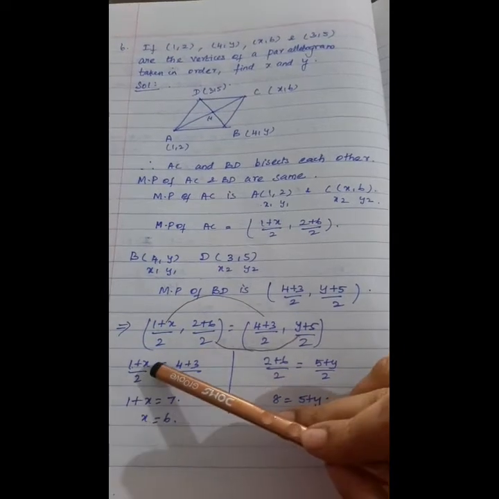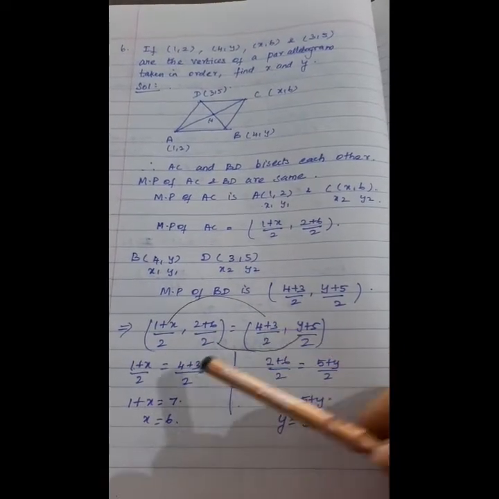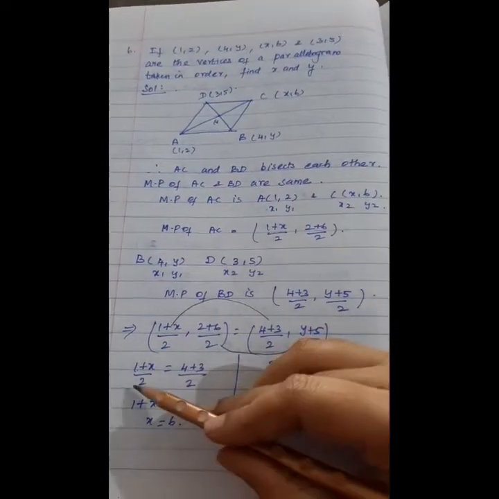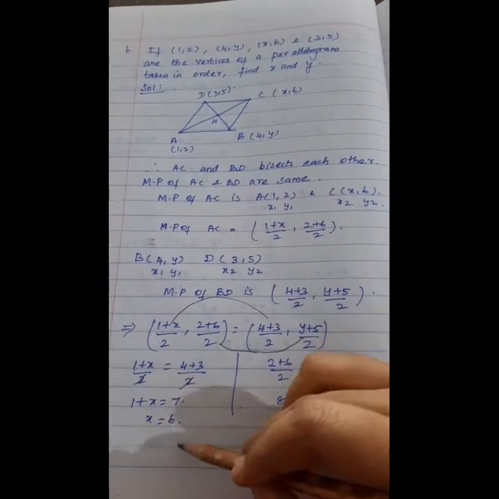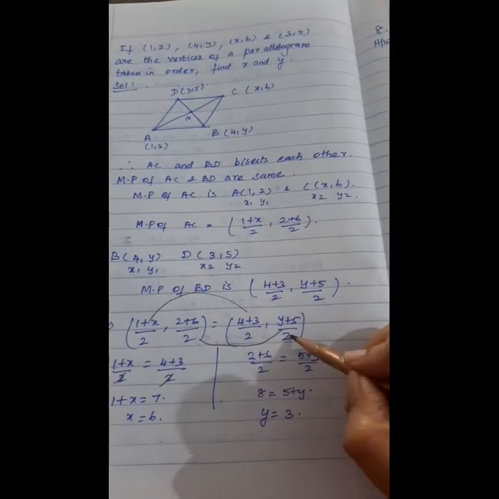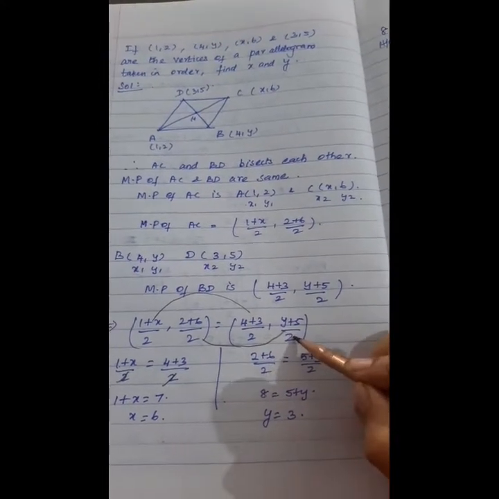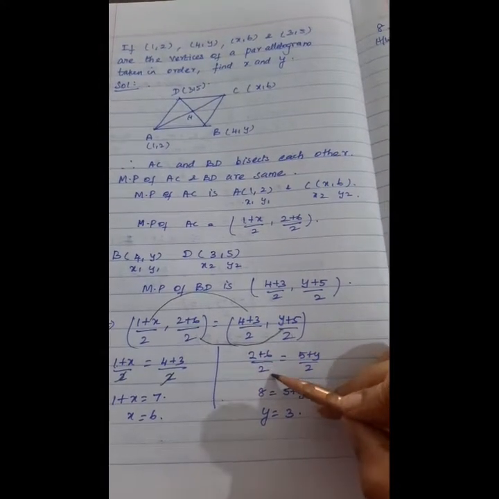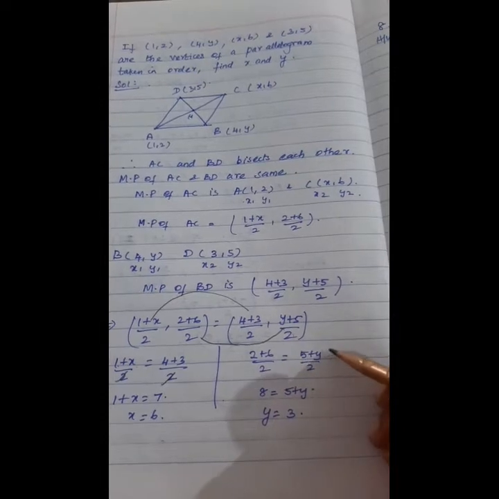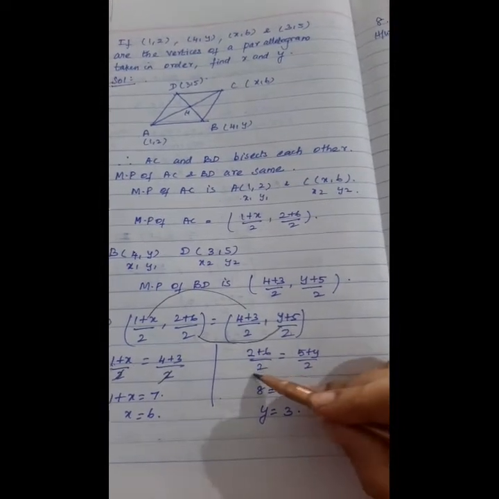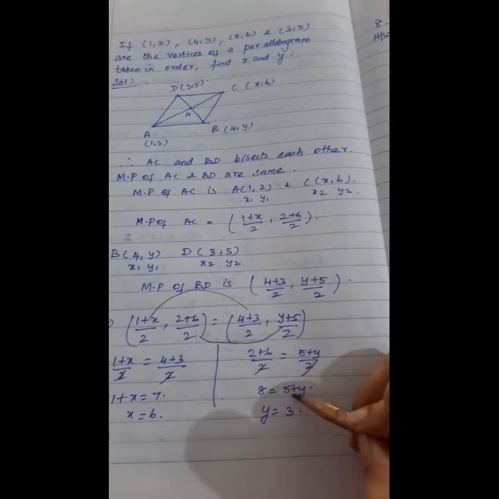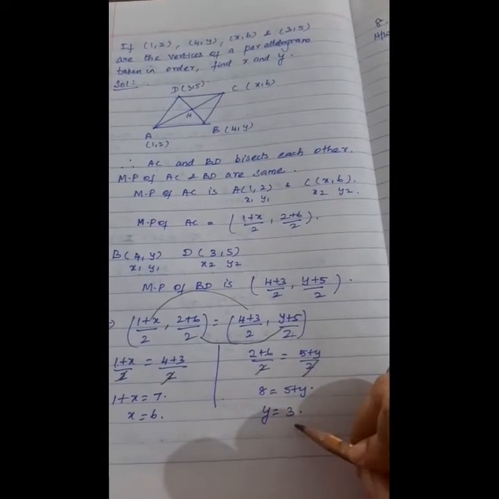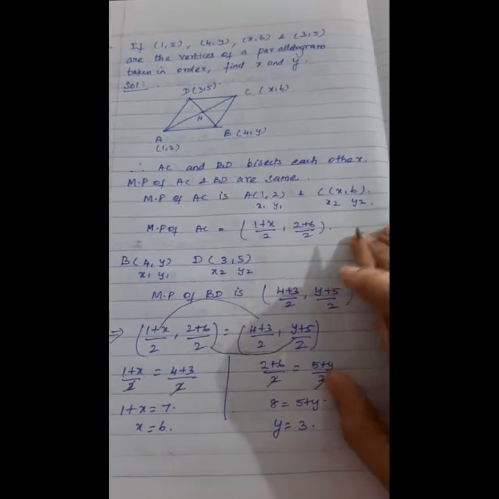So 1 plus x by 2 equal to 4 plus 3 by 2. 2 will get cancelled. 1 plus x is equal to 7. So x is 6. And when I equate the ordinates, I get 2 plus 6 by 2 is equal to 5 plus y by 2. So 2 as usual gets cancelled. 8 is equal to 5 plus y. So the value of y is equal to 3.